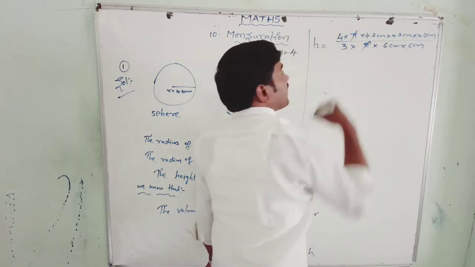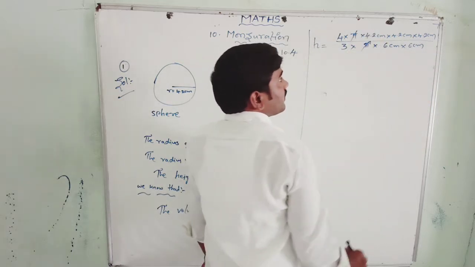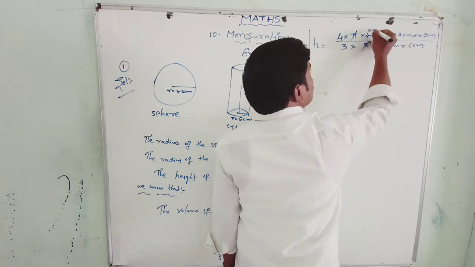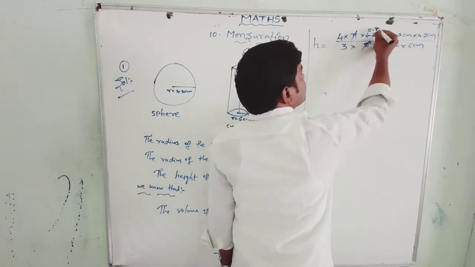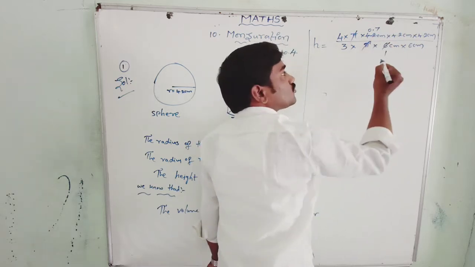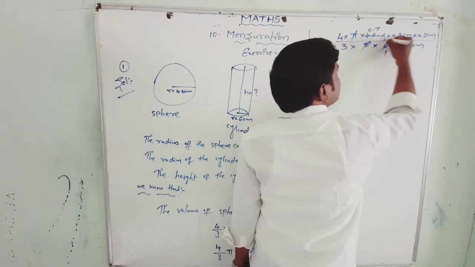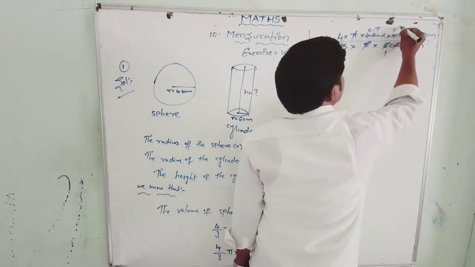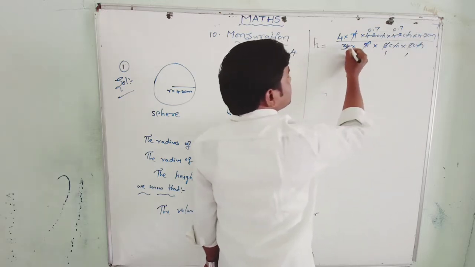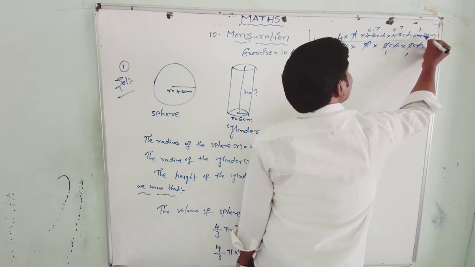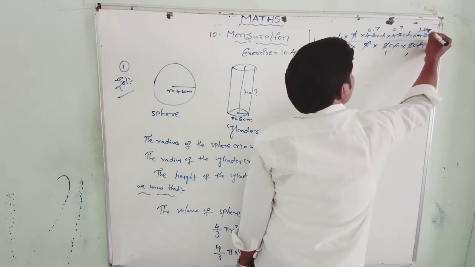Now this pi and pi we can cancel easily. Now here 6 ones are 6, 0.7 are 6 sevens are 42. But here it is 4.2, so 0.7 centimeter cancels. 6 ones are 6, 0.7s again, and 3 ones are 3, 1 left, that equals 1.4.